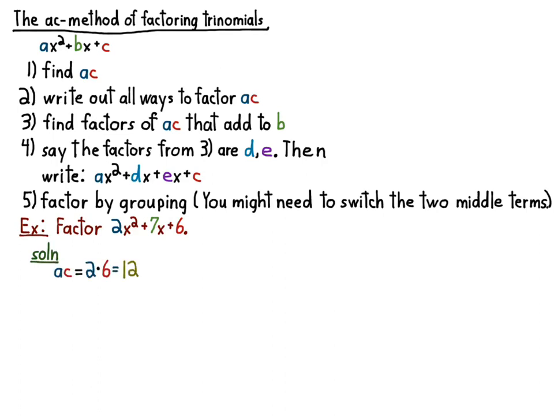So A times C is 12. 2 times 6. How can you factor 12? Factor this into 2 integers whose product is 12. Well, 1 times 12, 2 times 6, 3 times 4, with all positive.